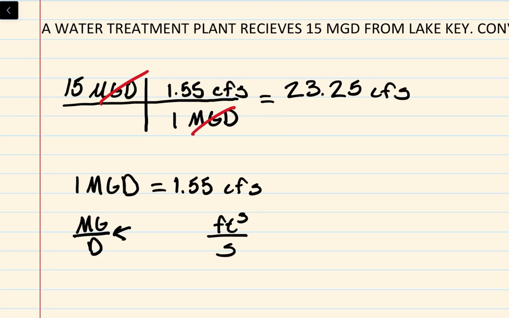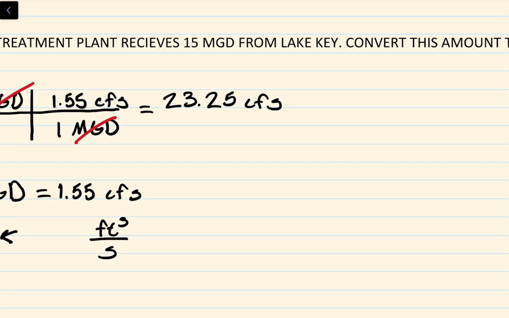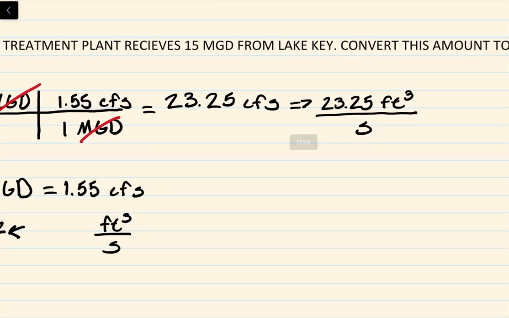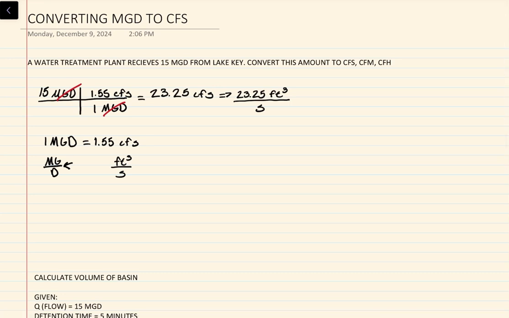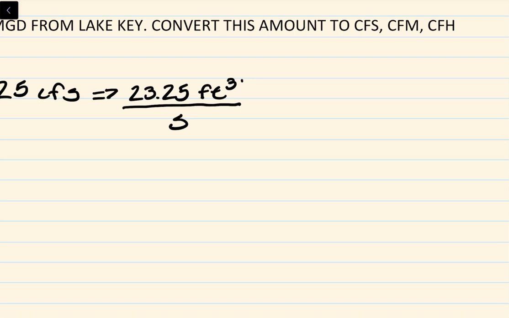Okay. So another way to write this would be, as I explained earlier, 23.25 cubic feet per second. Well, let's convert this to cubic feet per minute. So we got seconds on the bottom.